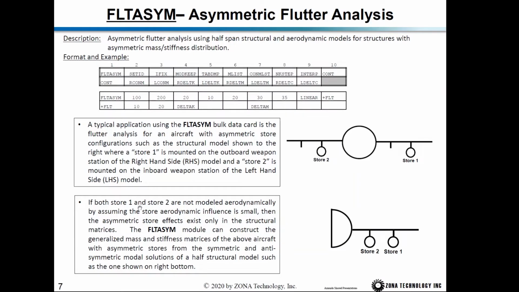If both store 1 and store 2 are not modeled aerodynamically, by assuming the store aerodynamic influence is small, then the asymmetric store effect exists only in the structure matrix. So if you only have a half-span model, you want to attach both store 1 and store 2 on this half-span model.